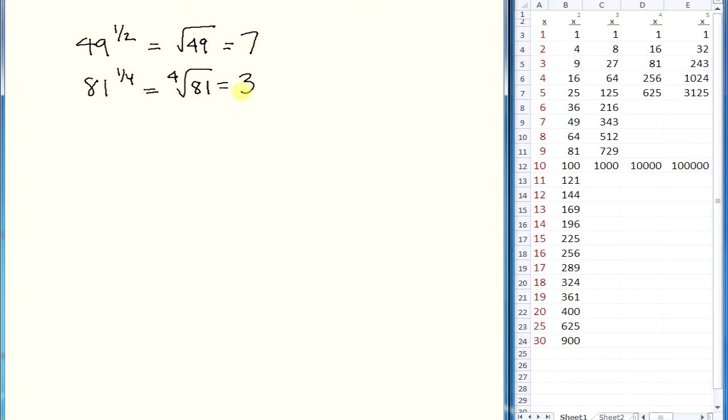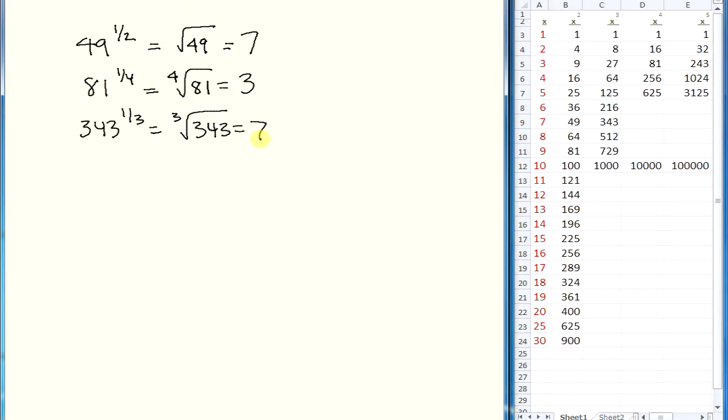If I was asked to find, let's say, 343 raised to the 1/3, that would be the cube root of 343. One more time, I'll use my chart. I'll come over to this cell, which is 343. It's under x cubed. I look at my x, and it tells me my value is 7.